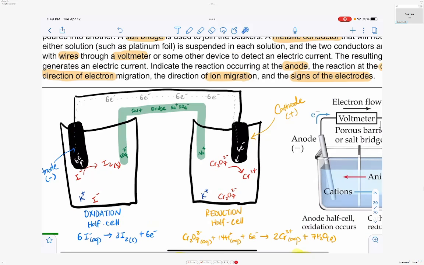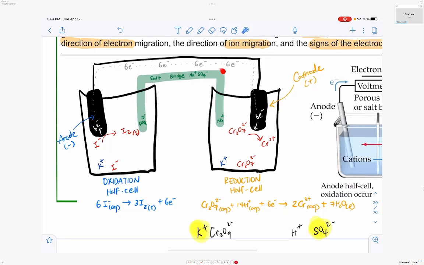And as for the salt bridge, the anion of the salt bridge will migrate to where the anode is. The anion goes to the direction of the anode, and tries to balance out any potassium that's building up.